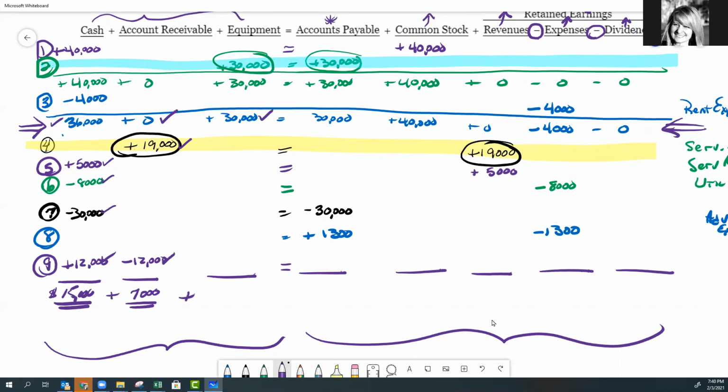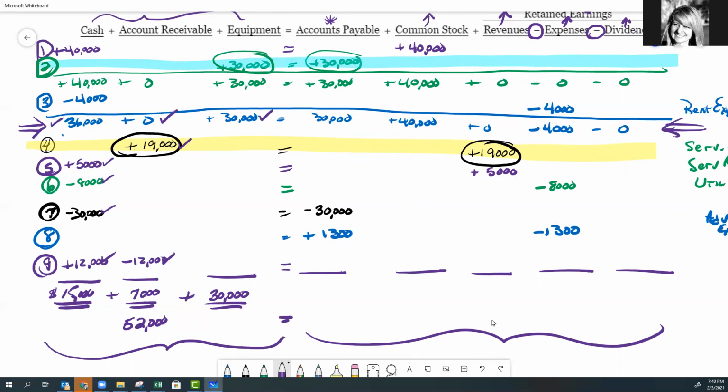We didn't buy any more equipment or sell any. So we have $30,000 of equipment. And if we total the left side, they equal 52,000. That's 15,000 plus 7 plus 30. So that equals 52,000. So let's check and make sure that we equal 52,000 on the right.